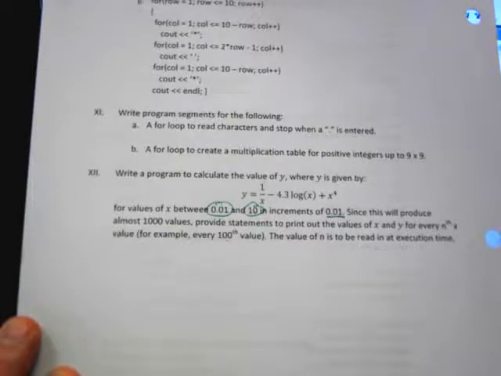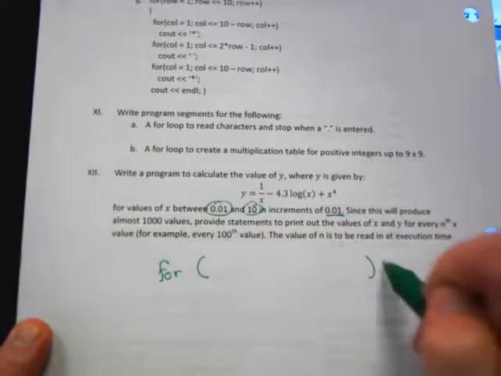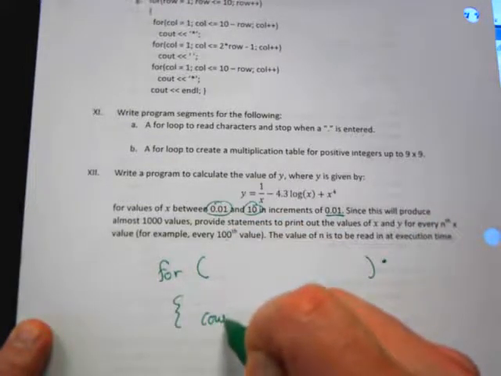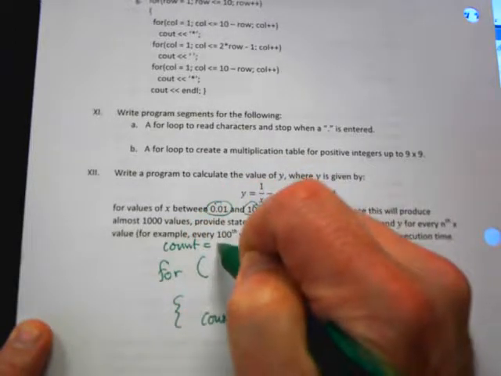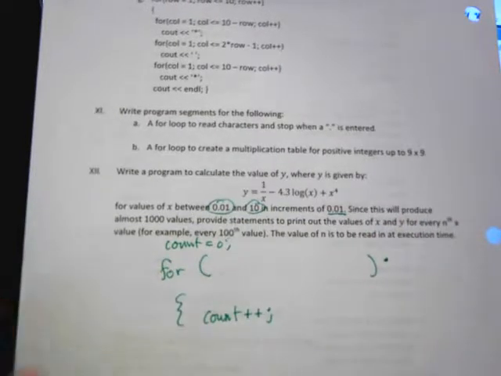That's correct. So in my for loop, I think I would want a count. Up here I would want count equals 0, count plus plus. And then how would I tell it to print on every 100th one?